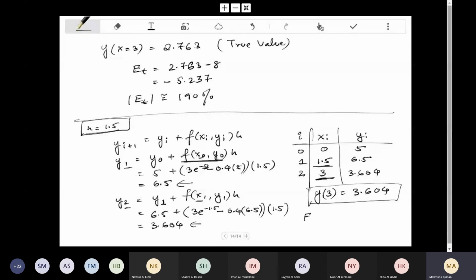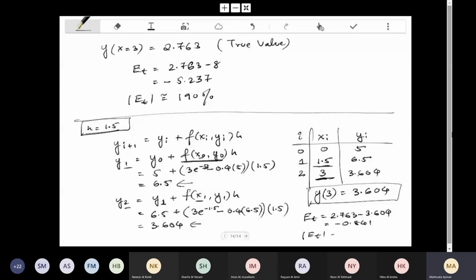So now if we calculate the true error, we have the exact value 2.763 minus 3.604, which is equal to minus 0.841. So we can see the true error has reduced a lot.